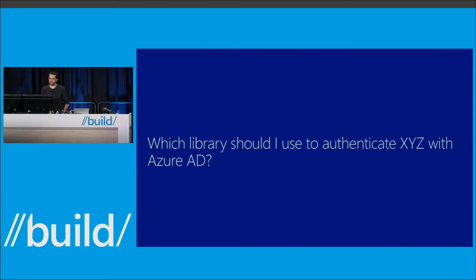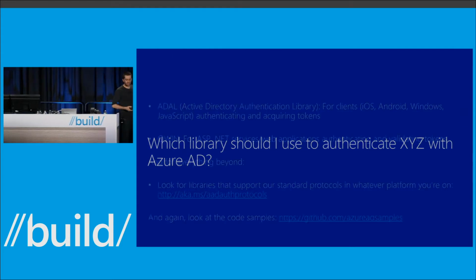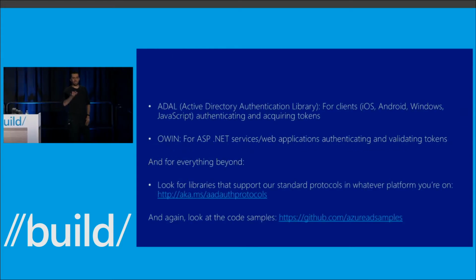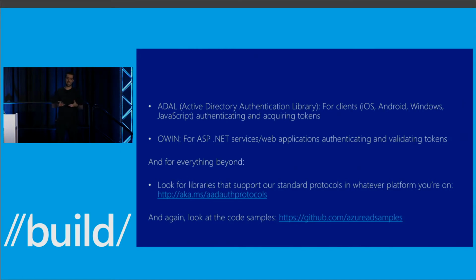Which library should I use to authenticate with Azure AD? Here's a simple rule. If you have a native client application of any kind and you have to show that logon UI, usually the right way of doing this is using the Azure Active Directory Authentication Library. We have it for iOS, Android, Windows, JavaScript, you name it. We have it for a bunch of platforms.